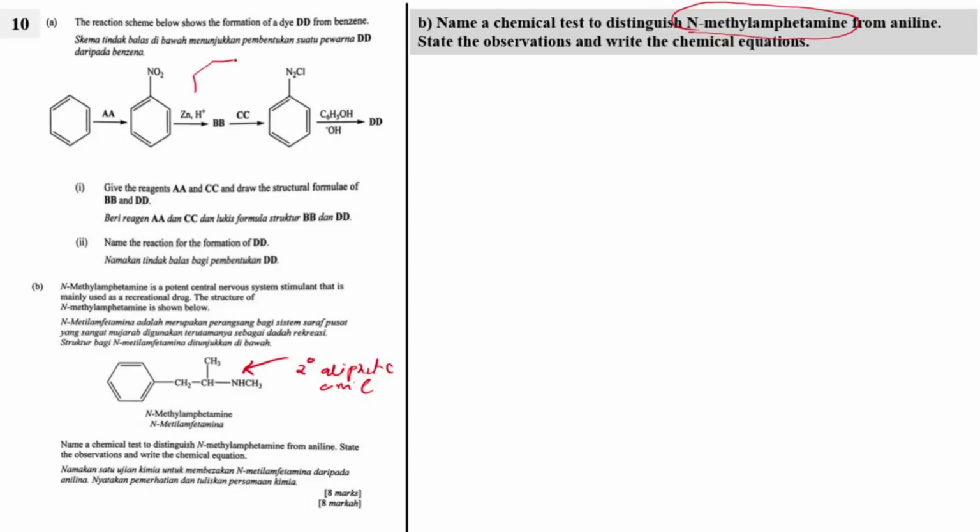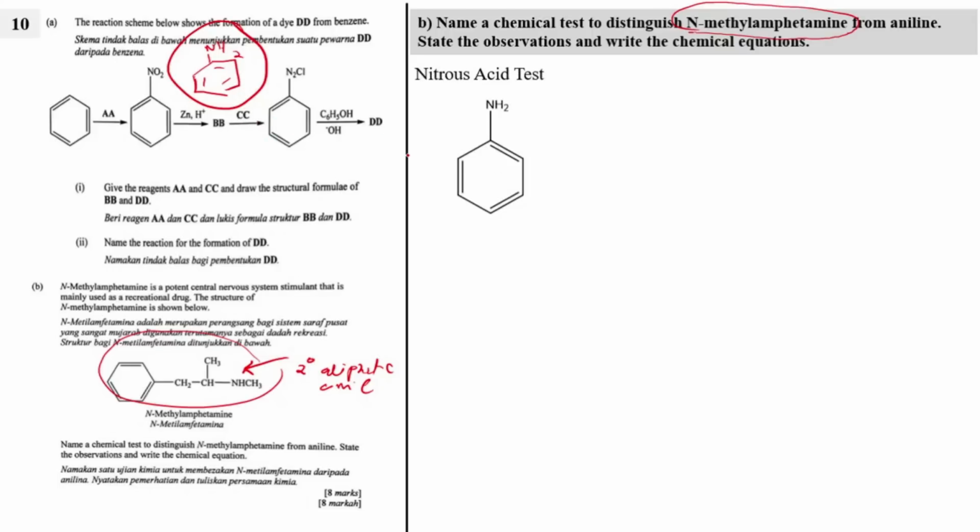And for aniline, just now you have drawn it to be NH2 here. So aniline can be differentiated from this structure by using a certain test. So the easiest one is to use the same test as given here, which is the nitrous acid test. So when aniline reacts with the nitrous acid test, where you have identified the reagent just now, which is NaNO2, in the presence of HCl at low temperature, which is 0 to 5 degrees Celsius, what you're going to produce is the structure given here, which is N2Cl.